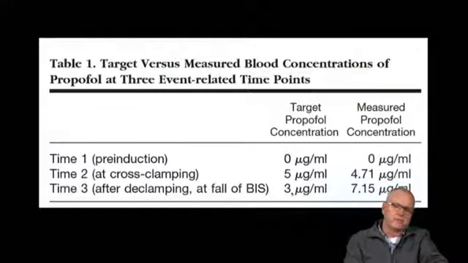And in this case, the target control infusion at 3, assuming normal distribution, was dramatically altered and ended up in very, very high concentrations because the distribution was dramatically altered because the cardiac output had likely dropped.